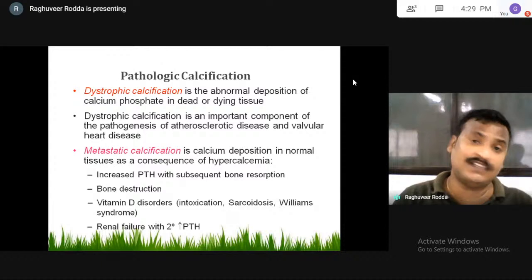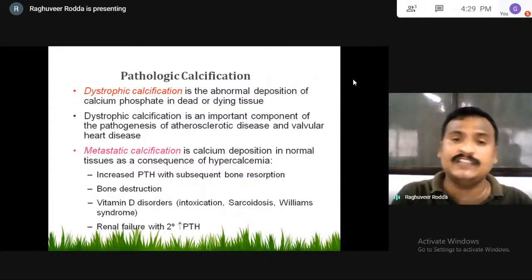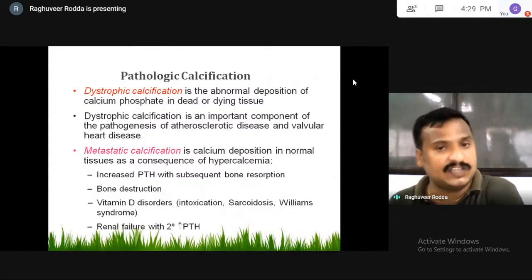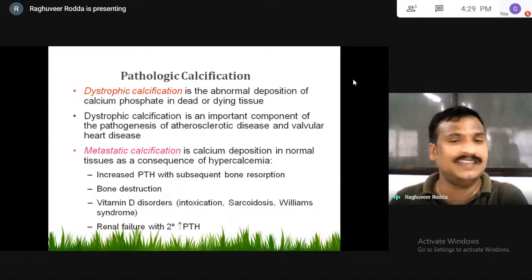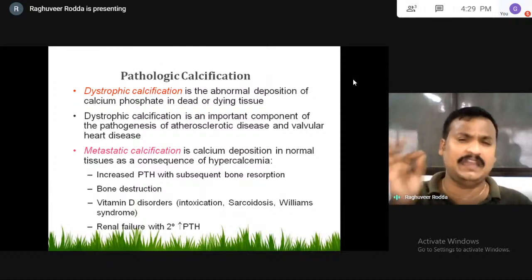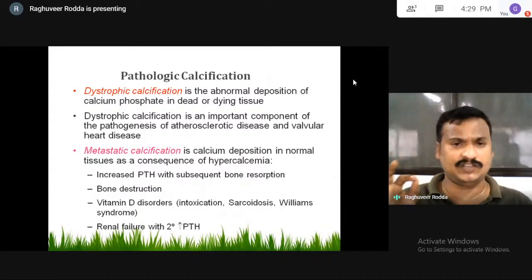If calcification, increased calcium concentration, takes place in diseased or abnormal, dead cells or dying tissue, what is it called? And if calcium deposition takes place in normal cells, what is it called? So dystrophic calcification, very important, very important for your GPAT examination.